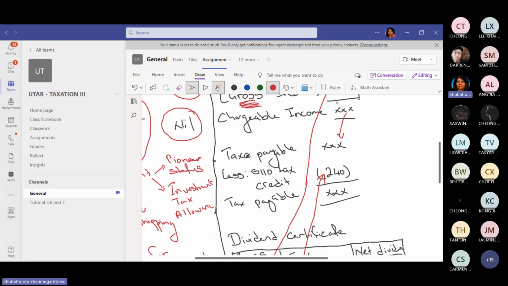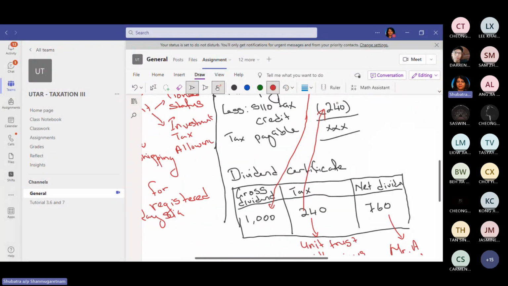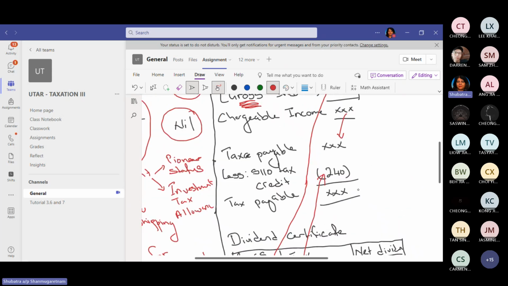Please understand this. So whatever tax that Mr. A suffered at source, that means they minus it before paying him his dividend, will be your tax credit. Do y'all understand? Yes or no? Yes, Miss.